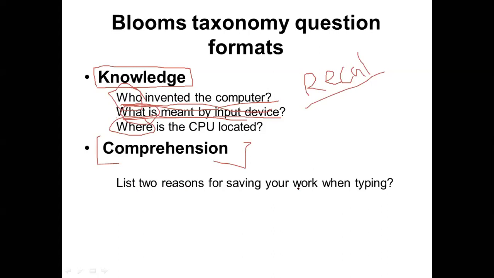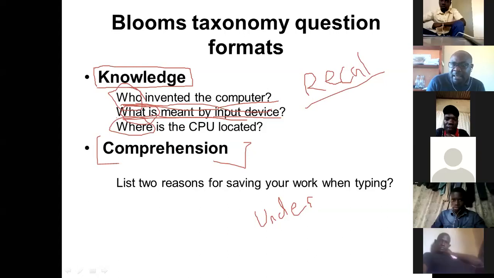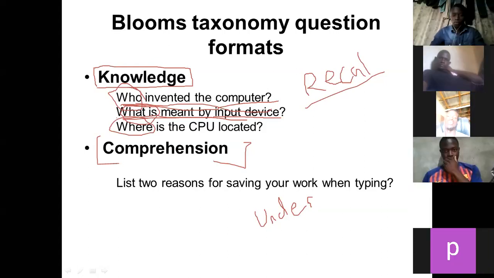So you're trying to assess whether the learner is able to understand what they are doing, not just merely doing things for the sake of it. So that is another form. When you are trying to formulate a question, you assess the learner's level of understanding by asking such kinds of questions. Are we together? Thank you.